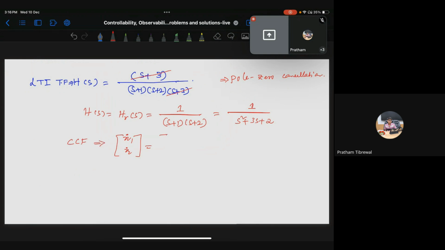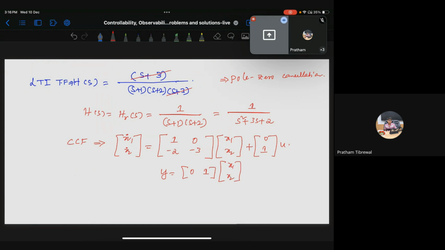So we can write it as 1 0 minus 2 minus 3, x1 x2, plus 0 1 u. Similarly, y as 0 1, x1 x2.